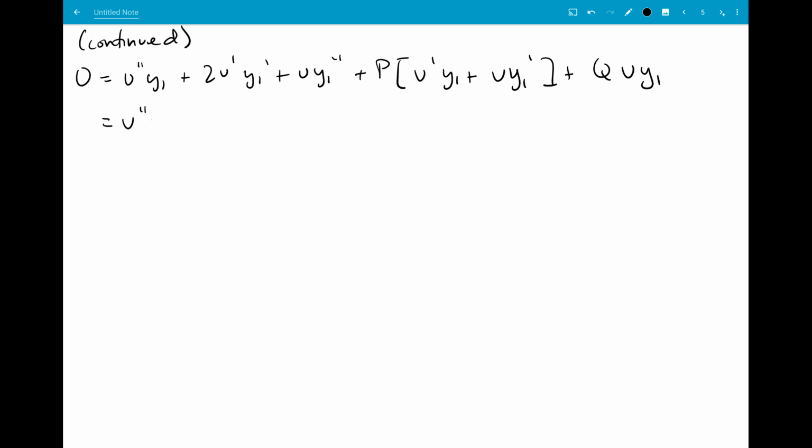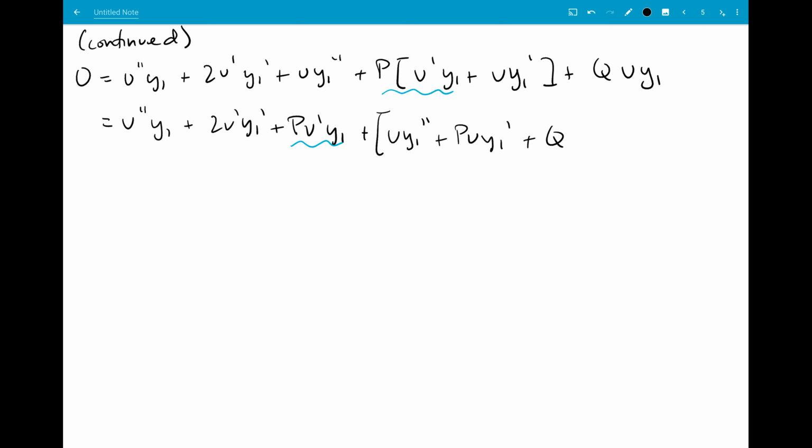So I'll say u double prime y1 plus 2u prime y1 prime. I don't really have much use for that yet. And neither do I have use for p u prime y1 right there. Since I've changed the order on that, I'll just underline it real quick. But I do want to see these things together: u y1 double prime plus p u y1 prime plus q u y1.